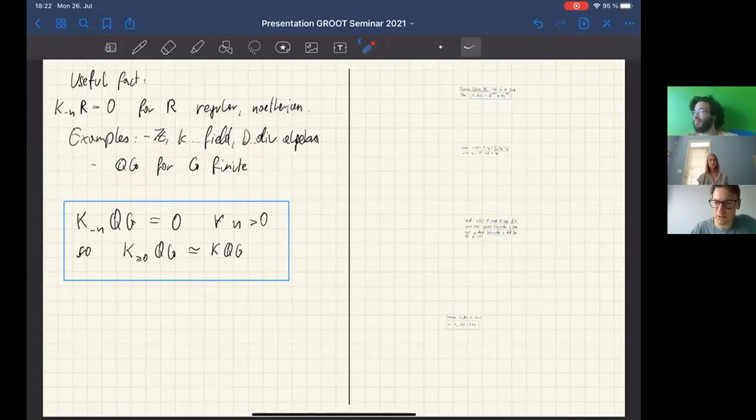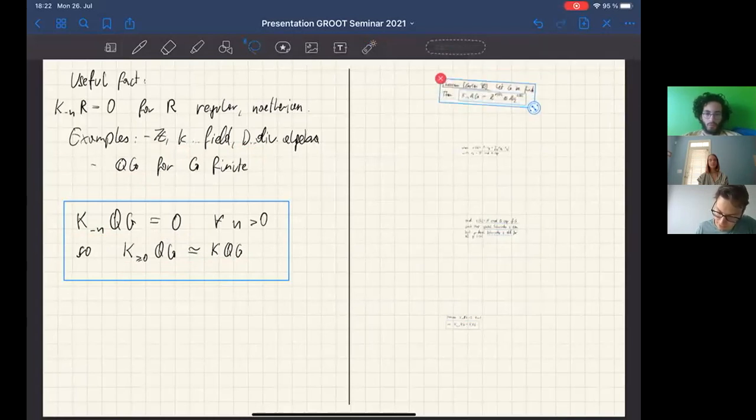This is not too hard to show, but I won't go into it too much. You show that this holds for the rational group algebra, so therefore all negative homotopy groups disappear. And what I just told you about non-connective K-theory is not really relevant for the rational group algebra. So in this case, we already get connective results.